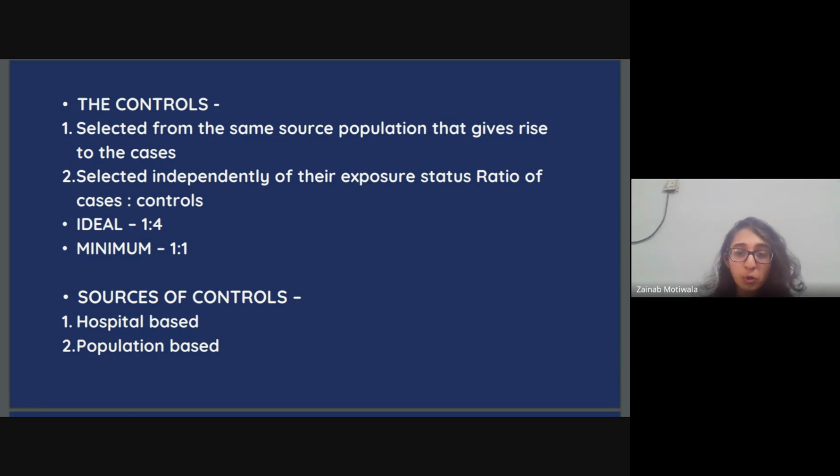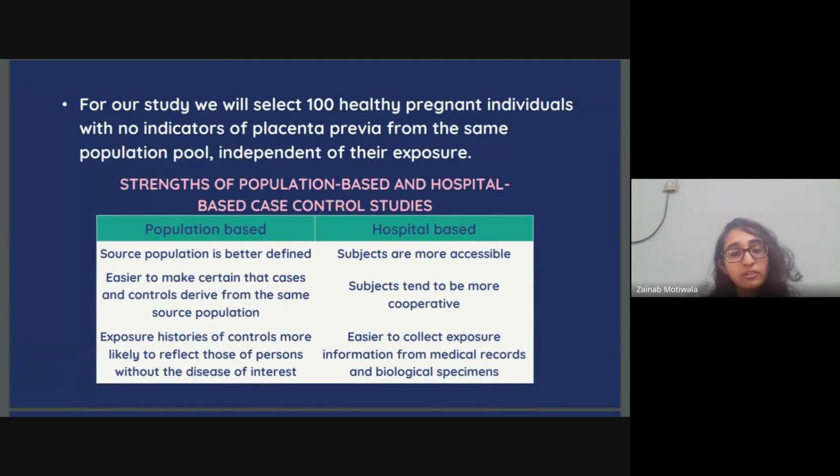Now we have two sources of controls: hospital-based and population-based. Here we talk about the strengths of both. A population is a much better and more defined source to pick patients as well as controls from, and it is easier to make certain that cases and controls come from the same source.